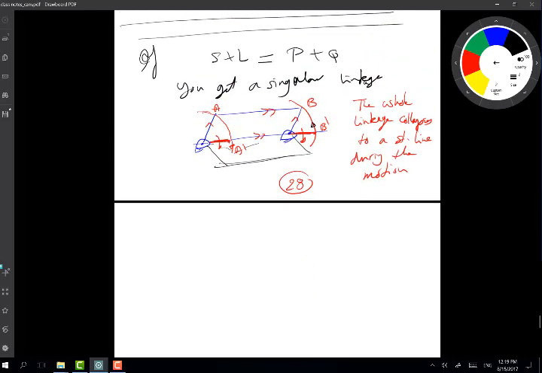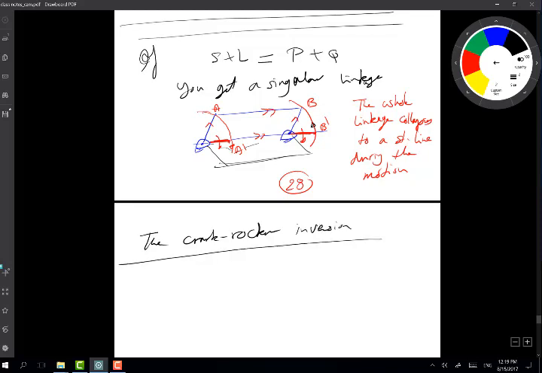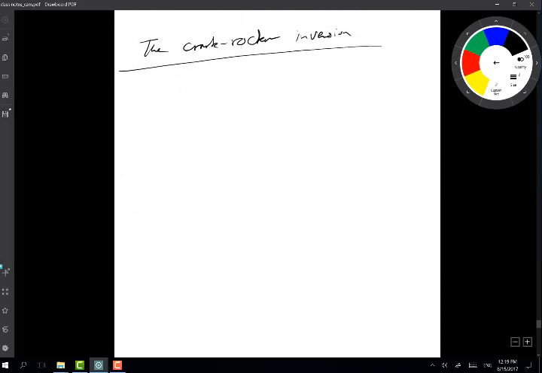Now, I want to take this specific case, which is the crank rocker inversion, and talk about it a little bit more, because that's an interesting one, and you would see more of those in applications.